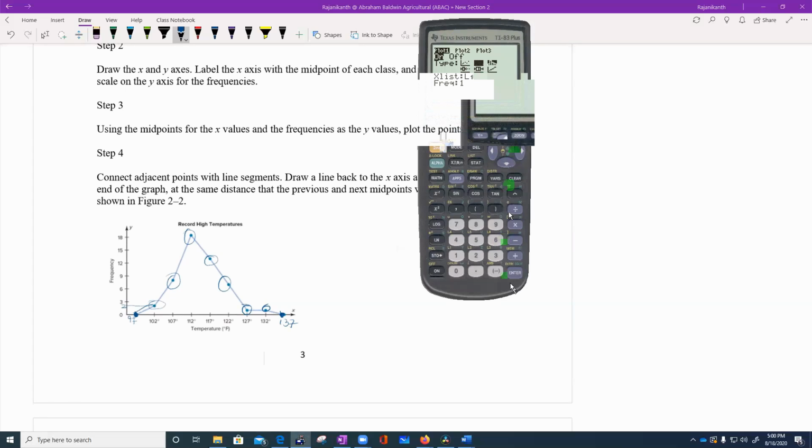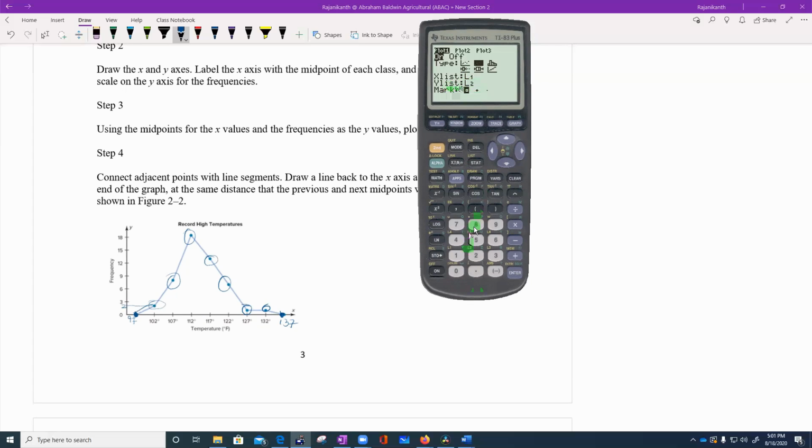Oh, you see now you need to enter two values, L1 and L2. So you need to change everything now, right? Because you need to know the midpoints. So you need to find out the midpoints and the frequencies.